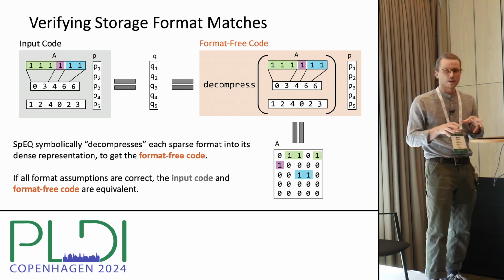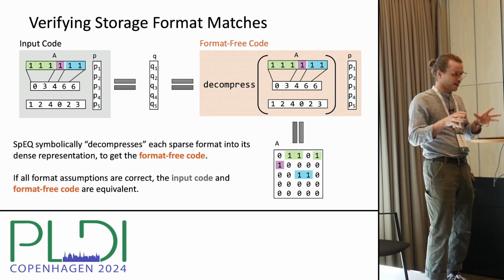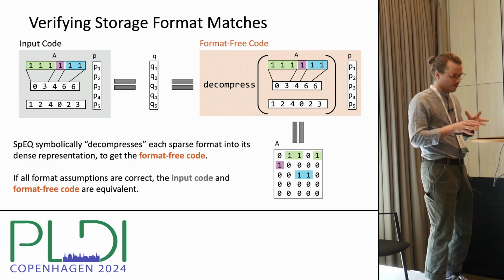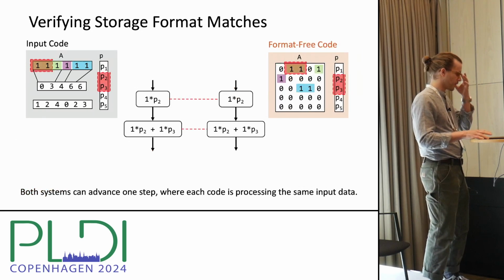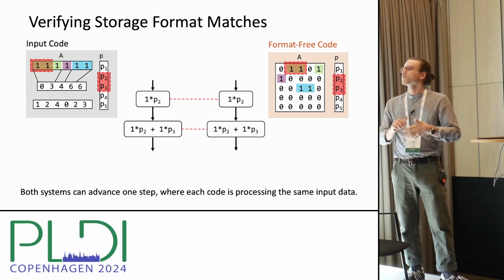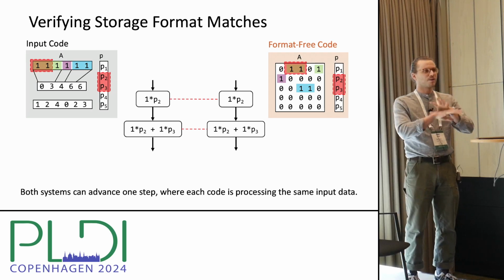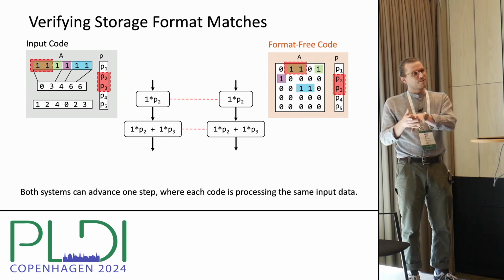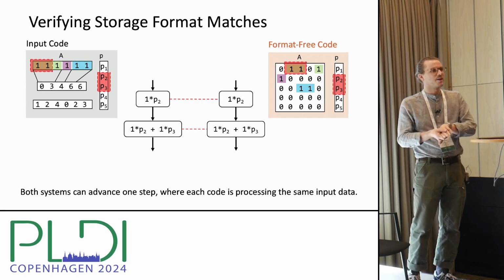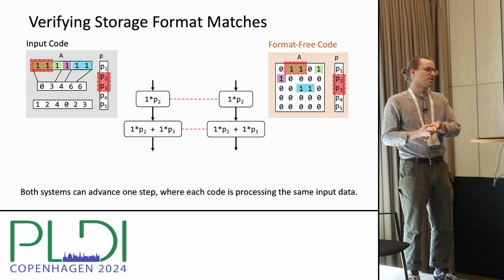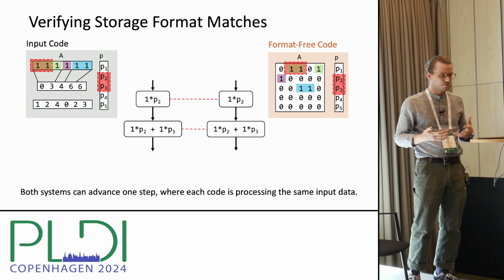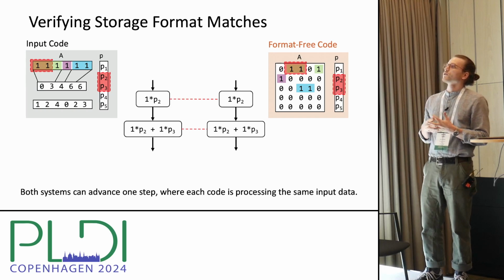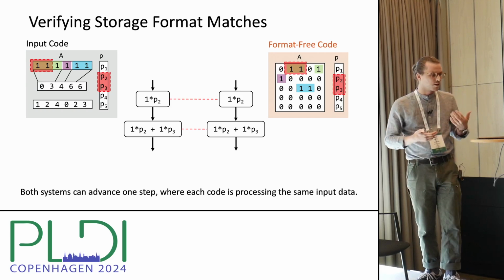So the next question is, okay, how do we actually prove that these are equivalent? That's not a super straightforward thing to do. And here, these next two slides, I just want to give a broad intuition of how it works. I have some slides after with actual detail, but I'll go quickly over those because it's a bit complicated for a shorter talk like this. But how it works is we could have two possible cases between these code versions.